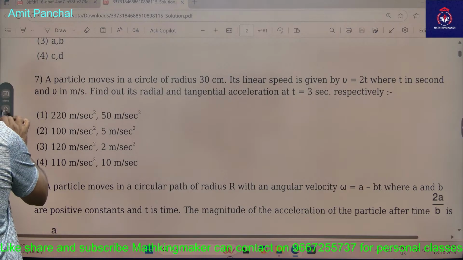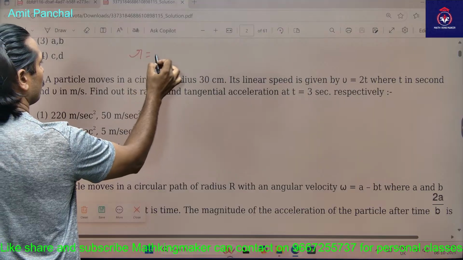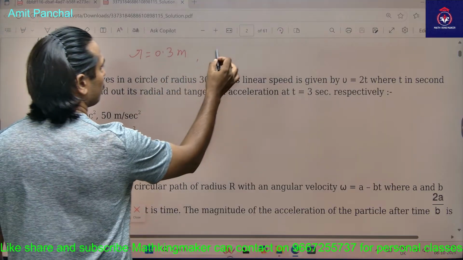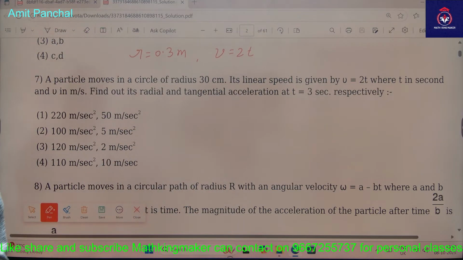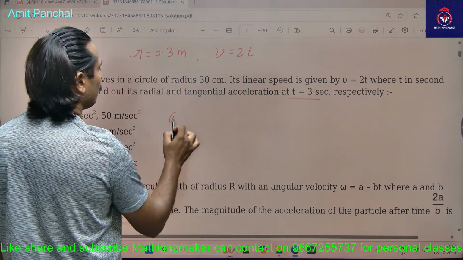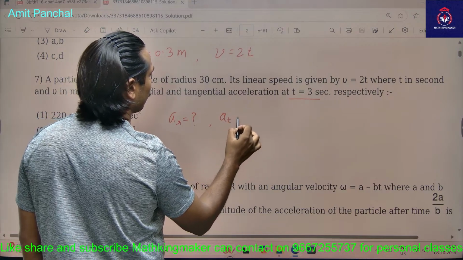Radius is given, so R is 0.3 meter. Linear speed is given: V is 2t, with t in seconds and v in meters per second. Find out its radial and tangential acceleration at t equal to 3 seconds. So you need to find AR and AT.